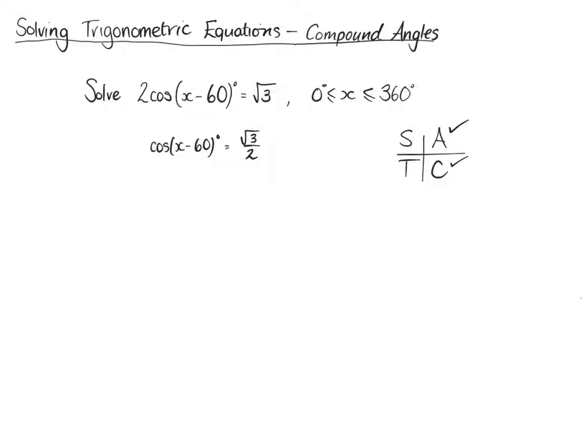Then our relative acute angle is the inverse cos of root 3 over 2, and the root 3 over 2 we know comes from our triangle 1, 2, root 3. Because it's cos, that means it's the little one, so we get our 30 degrees.